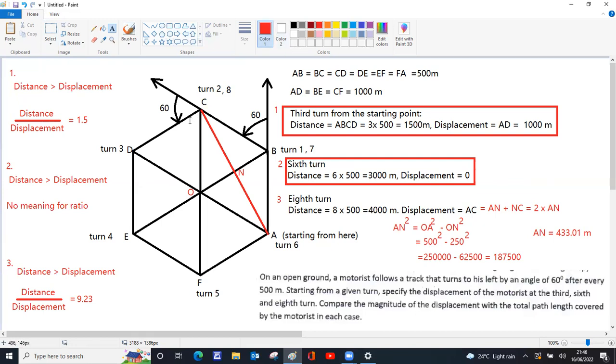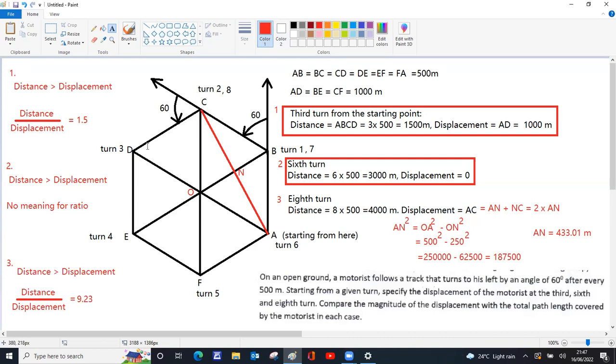For a hexagon, these are the properties to be learned. Number one, all the sides are equal for a regular hexagon. That will be the same as half of the diagonal. Or if you multiply the side by 2, you get the diagonal. A regular hexagon is bounded by 6 equilateral triangles. So center to each vertex is the same as a side.